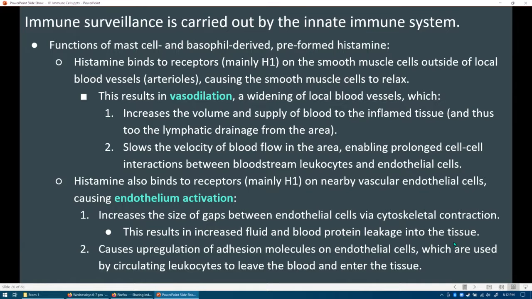So you have an increased volume of liquid getting into the tissue, which helps to drain everything toward a lymph node where it can be surveyed by lymphocytes. And you also have all of the proteins in the blood being leaked into the tissue, okay? And those blood proteins include things that can limit the replication of pathogens and mark them for destruction. Antibodies.